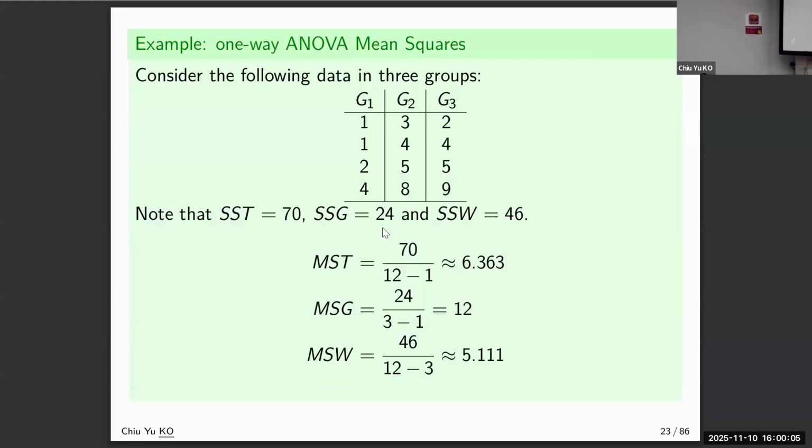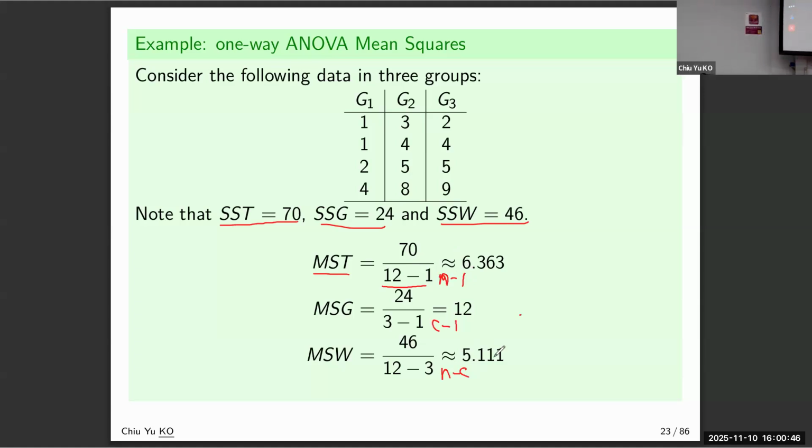Now let's look at this example again. We calculate the SST, SSG, and SSW. SST looks at each observation minus the overall mean, which is 4, and then squares each one. MST will be this divided by n minus 1, MSG by C minus 1, and MSW by n minus C, and C is 3 because we have three groups here.